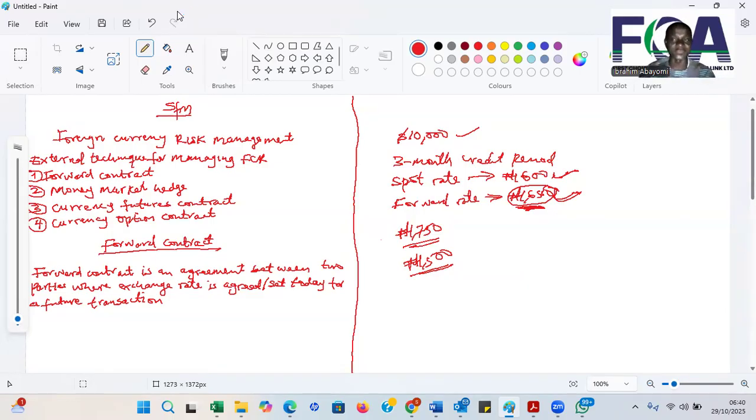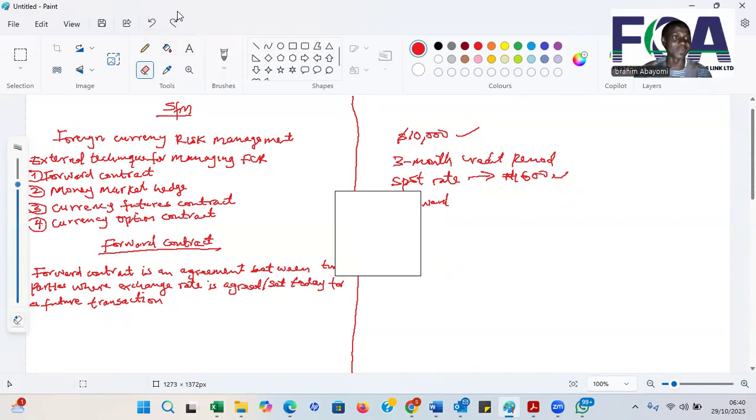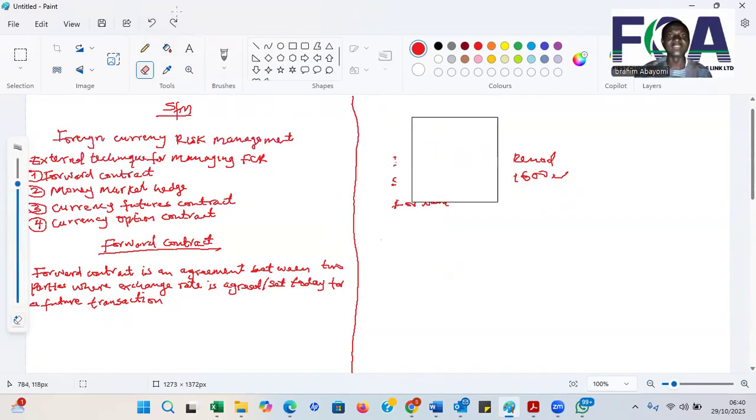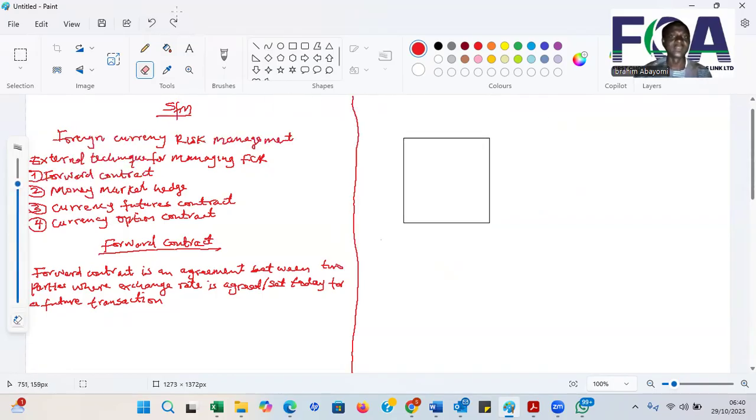That's the essence of hedging. So we are not hedging to make a gain. But you can also make a gain. It's not that we are not allowed to make a gain. But the primary aim of hedging is not to make a gain. That's what we are saying here.